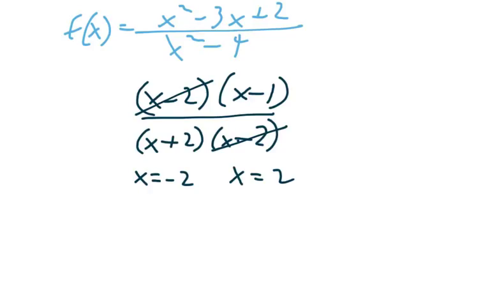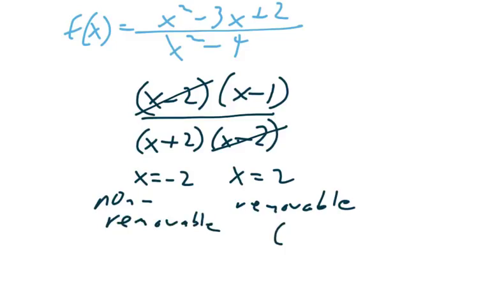At x equals 2, since they cancel out, that is one that we call a removable, and x equals negative 2 would be non-removable. Once again, this is the hole, and this one is the asymptote.